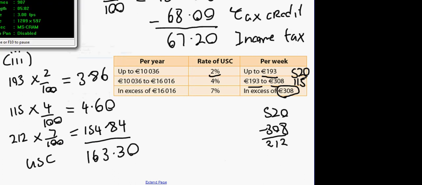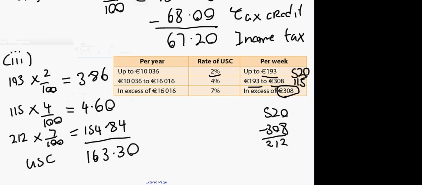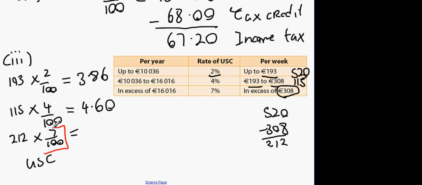Okay, so one of the lads pointed out that this 154 is quite big. It's a bit too big considering that it's 212. So always check your calculations twice. So 212 multiplied by 7 over 100 is €14.84.